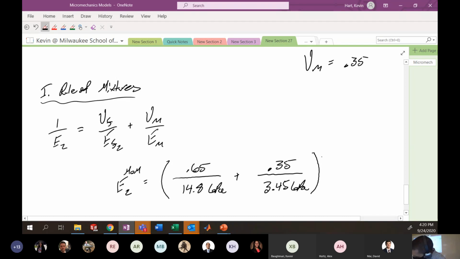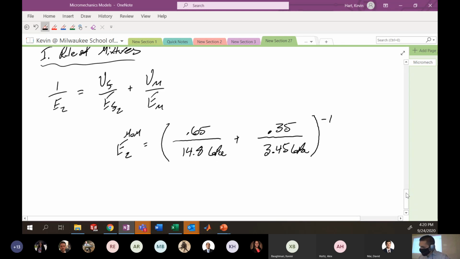And I'm going to write all of this inverted, so you sometimes see it in this form. I just wanted to show it once in this general form. Hopefully we can all understand that methodology. Be careful not to just simply invert these terms. That's not accurate. I'm going to invert that whole right-hand side.